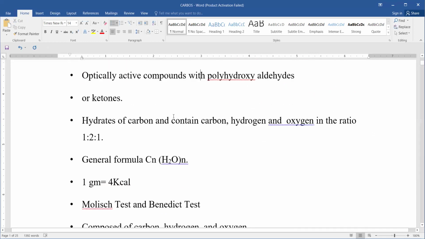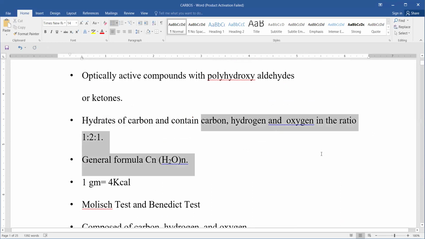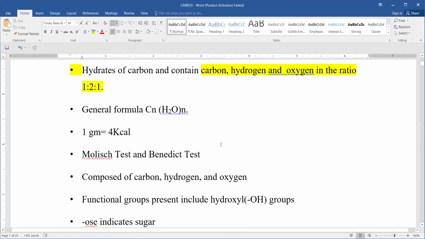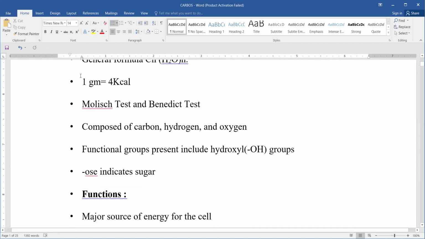They are optically active compounds, polyhydroxyaldehydes or ketones, made of carbon, hydrogen and oxygen. The ratio is 1:2:1. That is one important point, and this is empirical. This is a GK question.